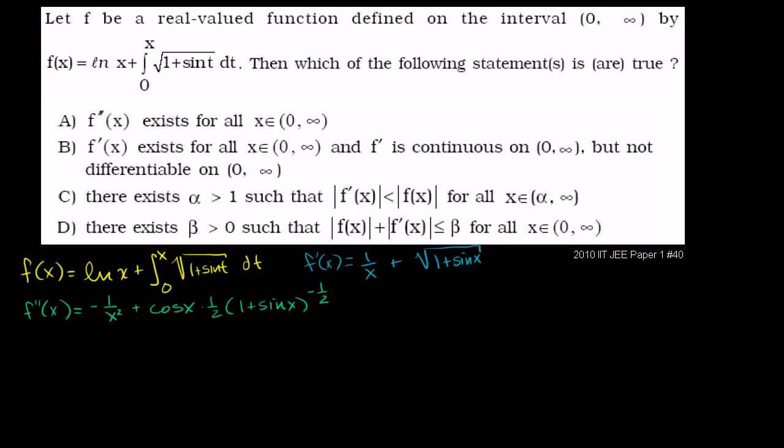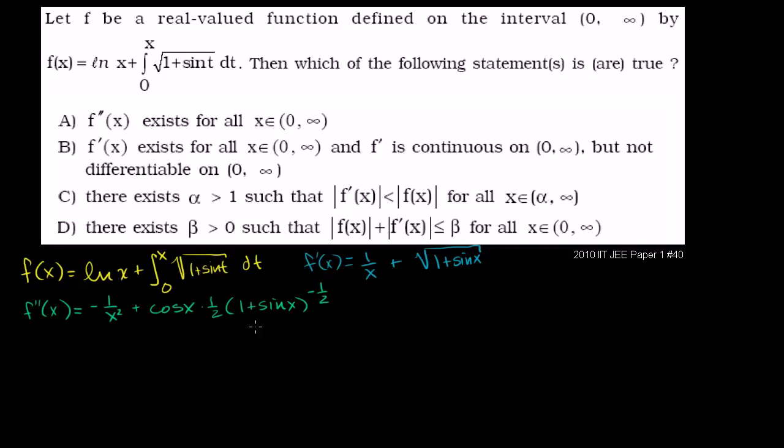Now let's look at the choices. The first choice says the second derivative of the function exists for all x greater than 0. If you're going between 0 and infinity and not including 0, this is essentially for all x greater than 0. Let's see if that is true. The one place where this would be undefined is if x is equal to 0, but that's not in the interval. Now let's be clear.